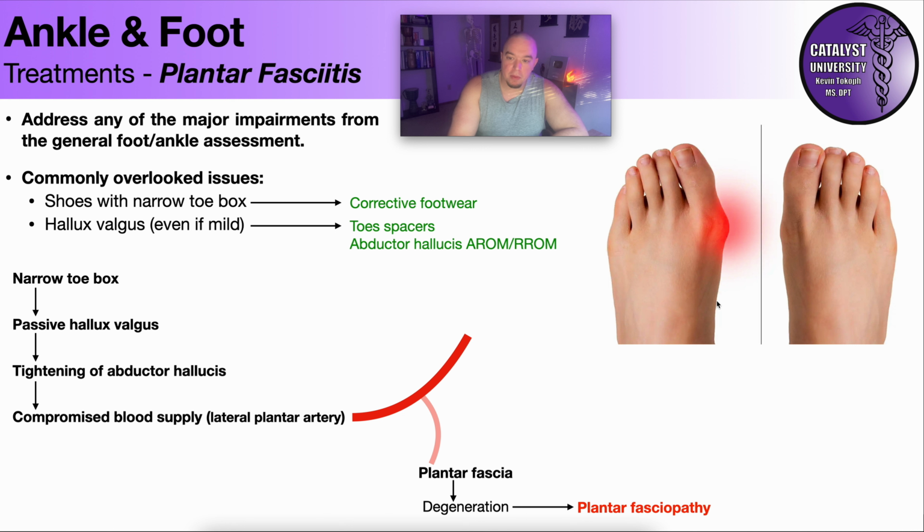So when this muscle, abductor hallucis, tightens chronically, it tends to restrict blood flow through the lateral plantar artery, or portions of it. And one of the branches of the lateral plantar artery serves the plantar fascia. And it's not like the lateral plantar artery is getting occluded 100%. No. It's a little occlusion, just a little bit, but over time it adds up. And so it causes degeneration of the plantar fascia, leading to plantar fasciopathy.